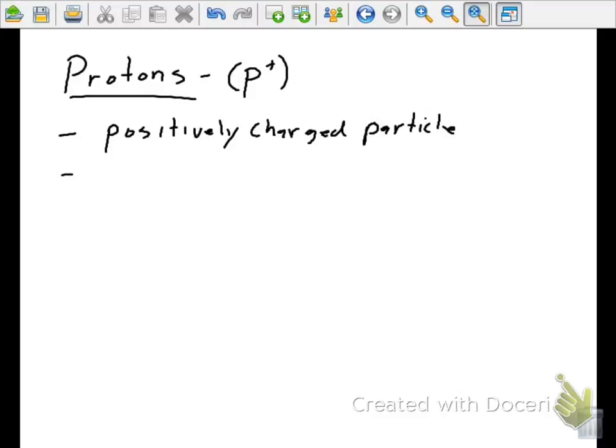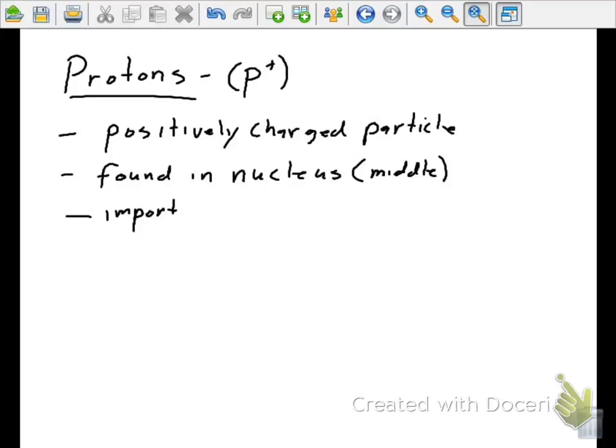They're found in the nucleus. They have more mass than electrons. They're important in the mass of the atom. They're stationary. What's stationary mean? They don't move.